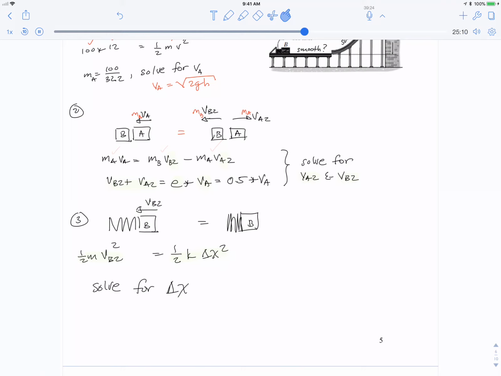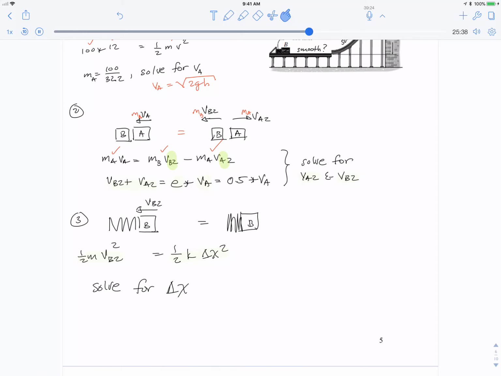So the momentum, I'm going to take left positive, MA times VA before, and afterwards, MB, VB2, 2 meaning afterwards, to the left, and MA, VA2 to the right. There are two unknowns, V of B and V of A, so we need one more equation, and that equation comes from the impact equation.